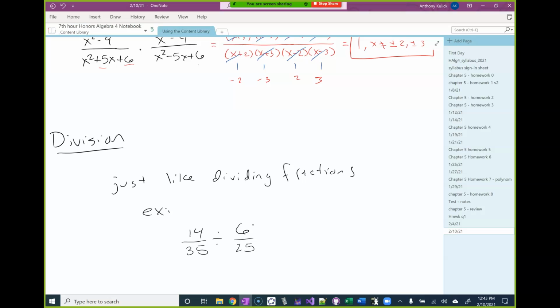Well, I remember from elementary school, my teacher taught us a rhyme so we could remember how to do this. She told us dividing fractions is easy as pie, flip the right and multiply.